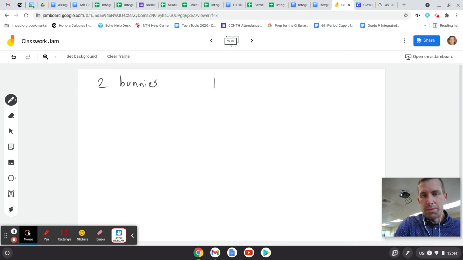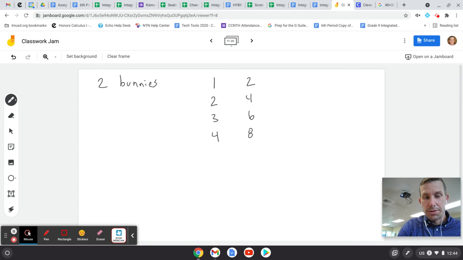The first month, we have two bunnies. The second month, we have four bunnies. The third month, we have six bunnies. The fourth month, we have eight bunnies. So what a recursive formula is, you're going to write some recursive formulas, is a formula that for any given month determines the number of bunnies based on the previous month.